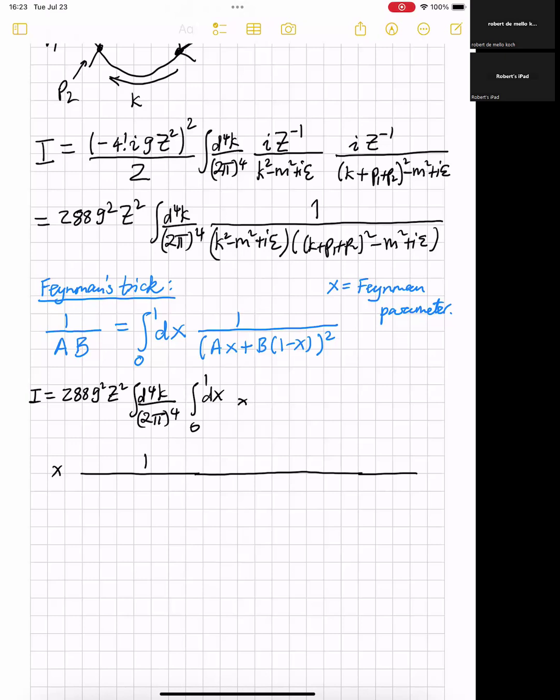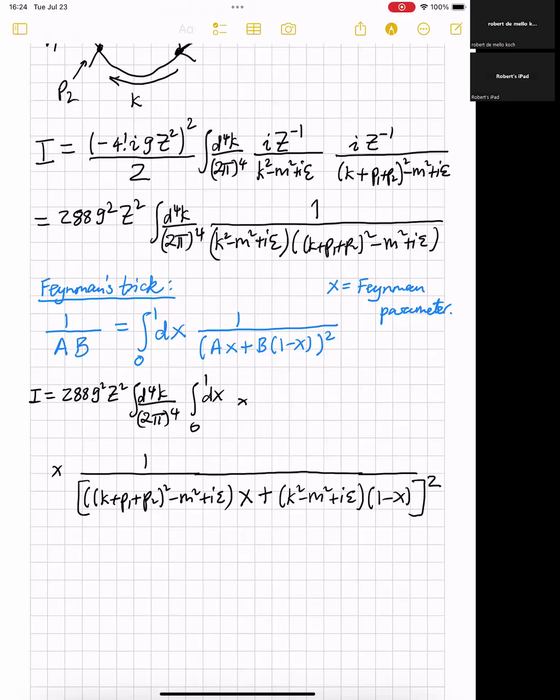So I've chosen to take a as (k plus p1 plus p2) squared minus m squared plus i epsilon. So that's what I've called a, and that gets multiplied by x plus, and then I chose to call b, k squared minus m squared plus i epsilon, times 1 minus x. And this should be squared.